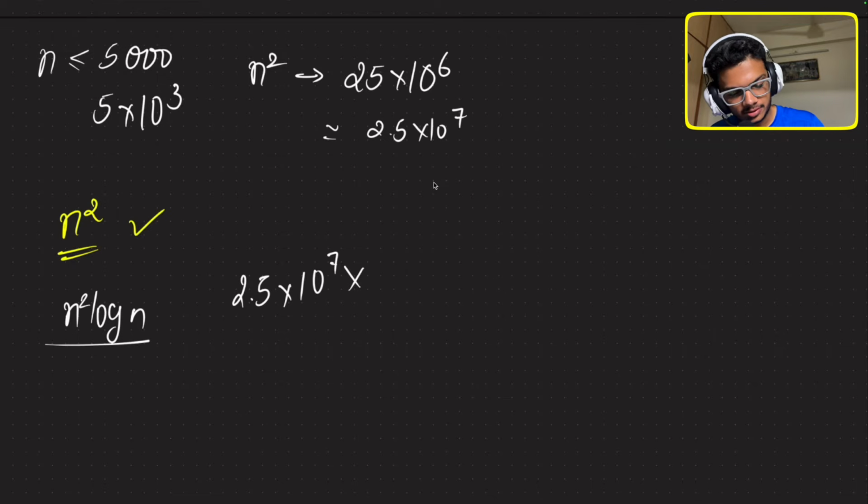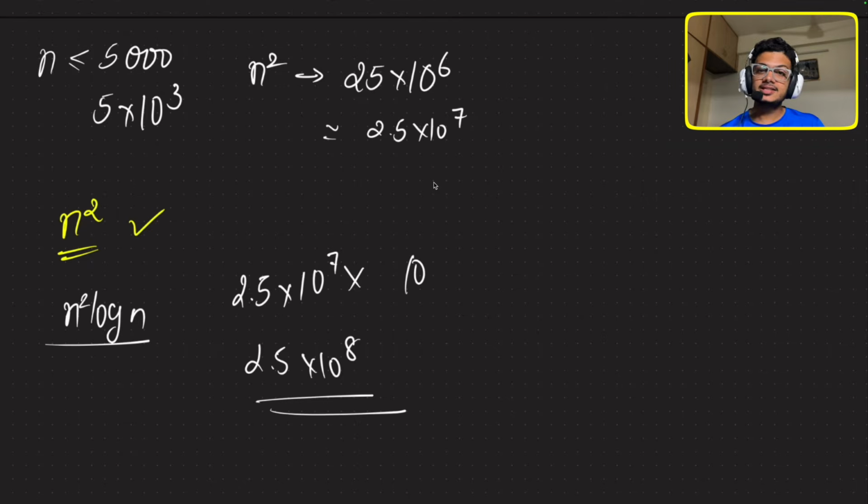So this entire thing will come out to be 2.5 into 10 power 8. So this is tricky. You are at the borderline, so you should not prefer such solutions. In my experience, this may work or may not work. So for n square log n, maybe you stay put, but n square or anything better than that works.